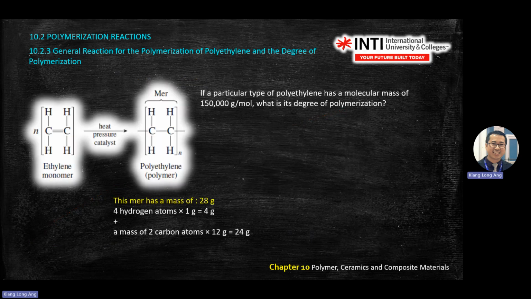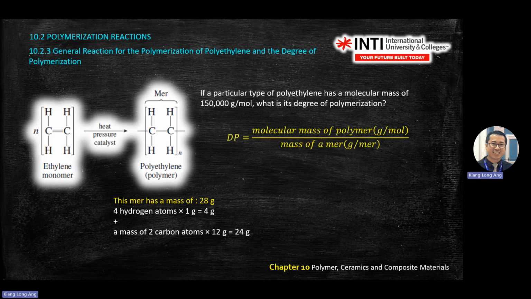Now, if we look at ethylene polymerization, if the question asks you, if a particular type of polyethylene has a molecular mass of 150,000 gram per mole, what is the degree of polymerization?